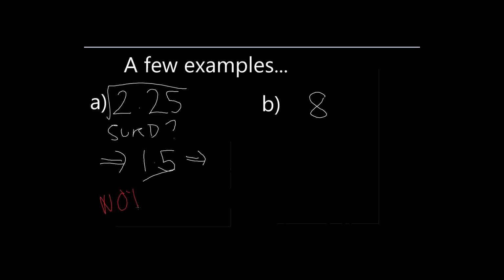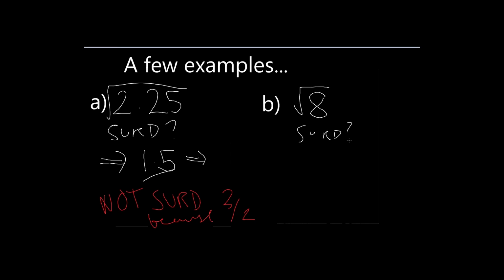So this number here is not a surd because 1.5 is actually 1 1/2. So root 2.25, because it's equal to 1.5, which can be represented as a fraction, is not a surd.